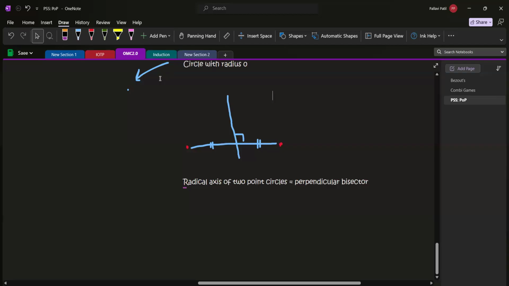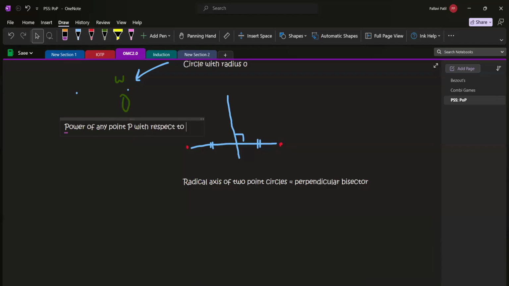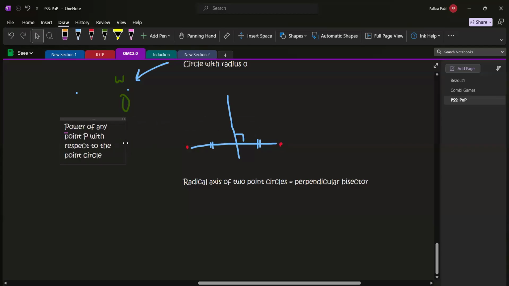So let's say this point is O and this circle is omega. Then the power of any point P with respect to the point circle omega is just defined to be PO squared.